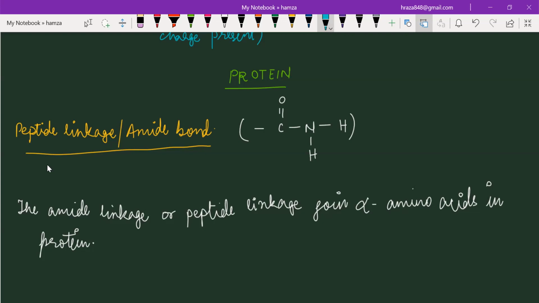So basically, when peptide linkage or amide linkage joins alpha amino acids in protein, we will see how it links each one, and there will be a bond that will be known as amide bond or peptide linkage. So please write it, and with the help of an example, you can easily understand.